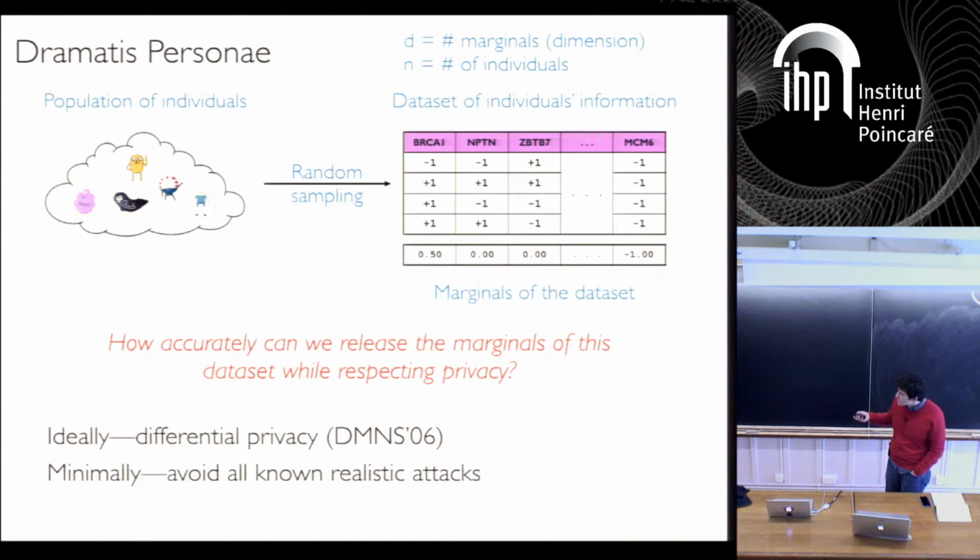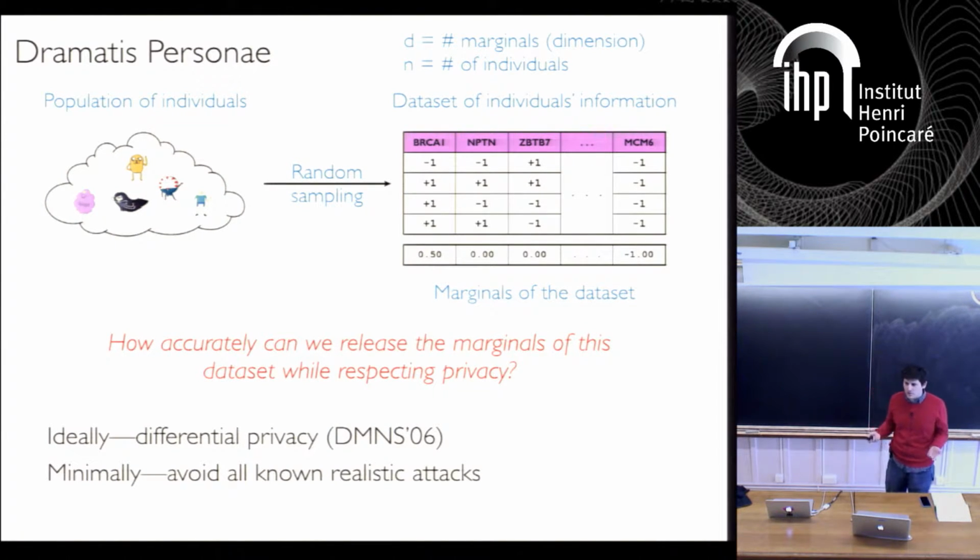So I say, how accurately can we release the marginals of this data set while respecting privacy? And I intentionally left privacy a little bit vague here. Ideally, we would like to have a strong notion of privacy, such as differential privacy. But since this talk is focused more on lower bounds and attacks, at a minimum what we'd like is to be able to avoid attacks.